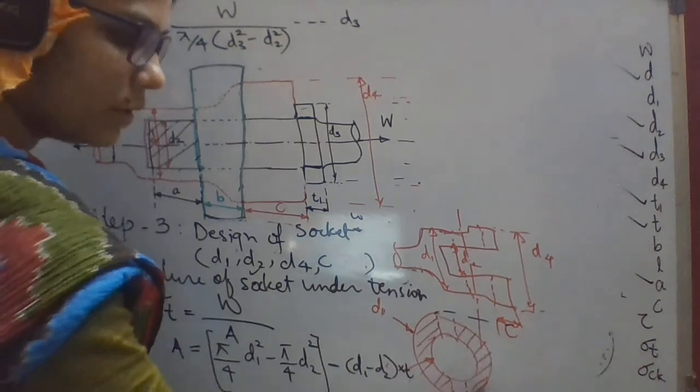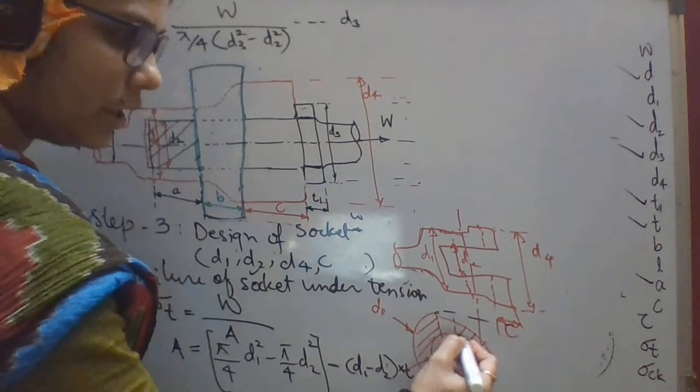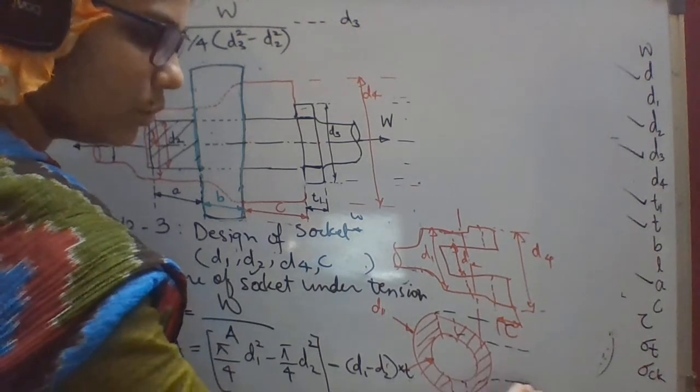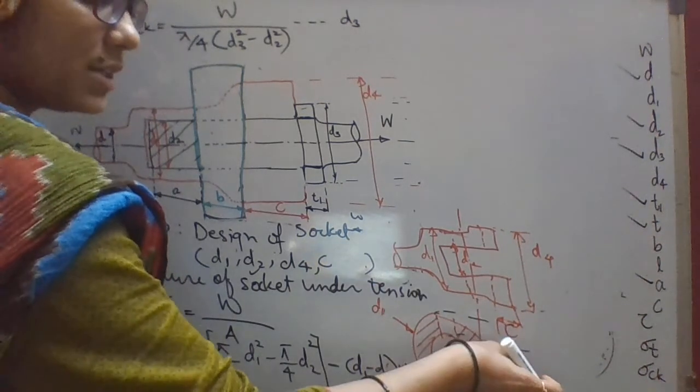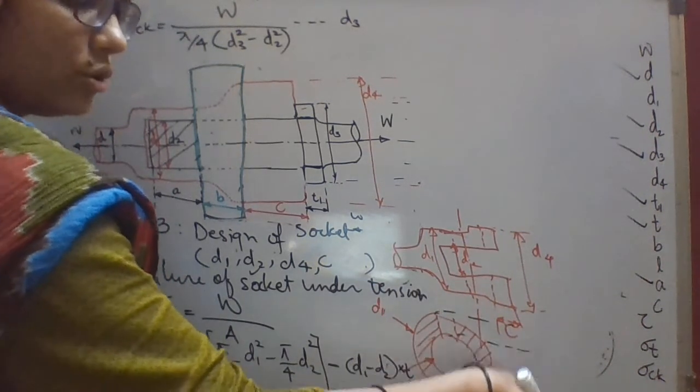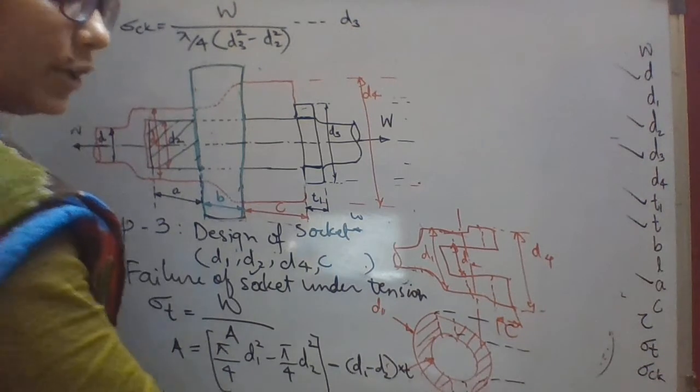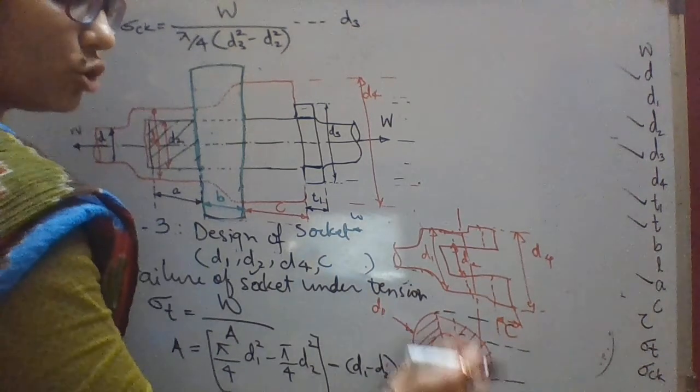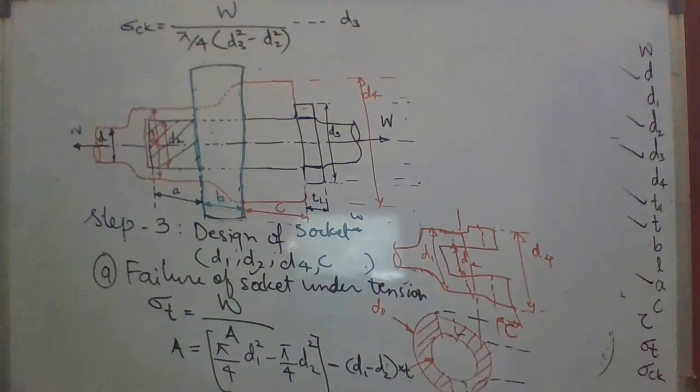D1 इतना है, D2 इतना है. So D1 minus D2 किया तो हमको ये दोनों हाइट मिल गई, इनटू थिकनेस किया तो हमको ये दोनों छोटे रेक्टेंगल्स का एरिया मिल गया. So this will be D1 minus D2 into t.